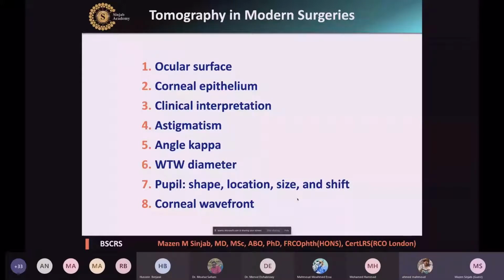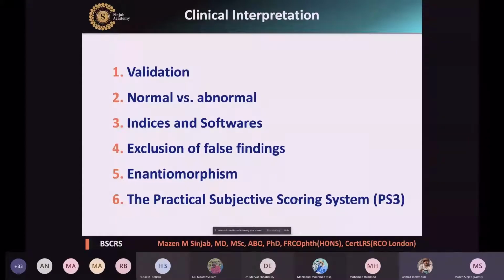Of course, I'm not going to talk about corneal wavefront in this session because the second session, on the coming Thursday, will be devoted to corneal wavefront. Moreover, I'm not going to talk about the ocular surface and corneal epithelium because the Pentacam cannot evaluate corneal surface and corneal epithelium.